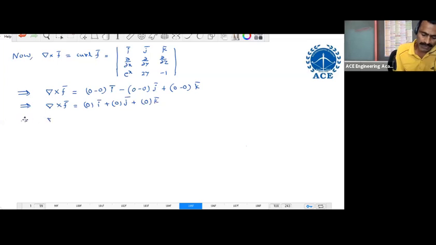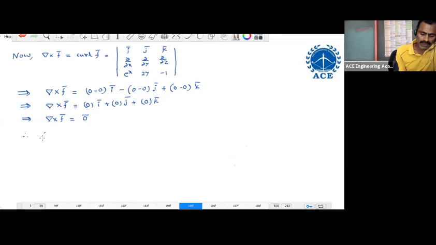Therefore, del cross f bar equals the zero vector. 0 bar means the zero vector; a plain 0 is just a value. So it is a vector with zero magnitude. That is why this is a zero vector, and we write it as 0 bar. Curl 0 bar means irrotational, no rotation.